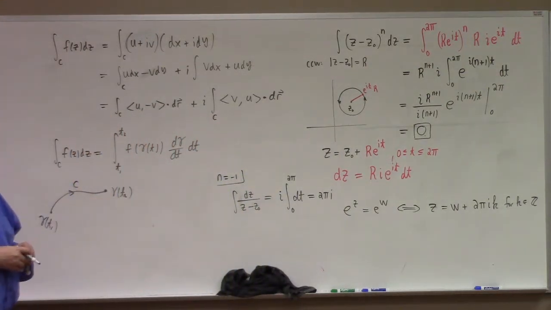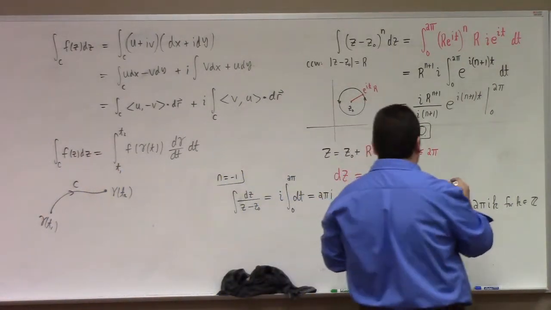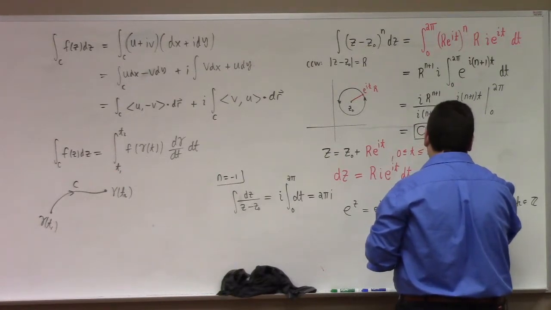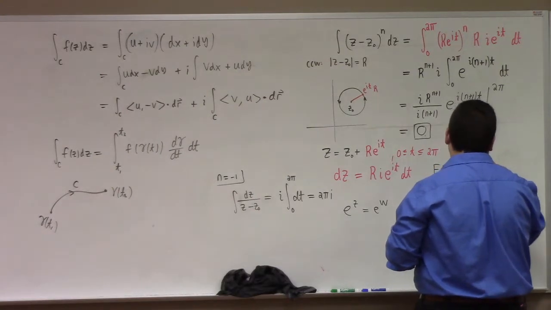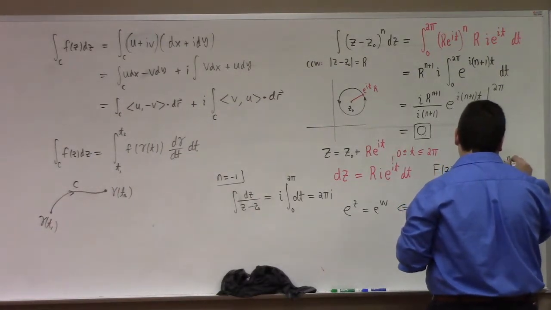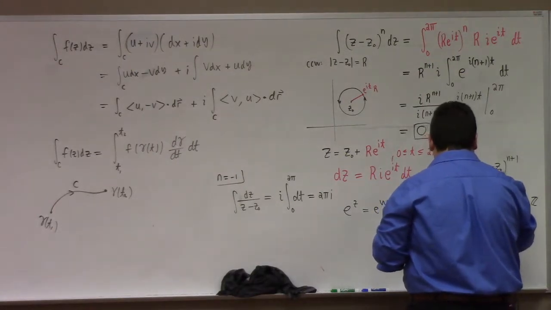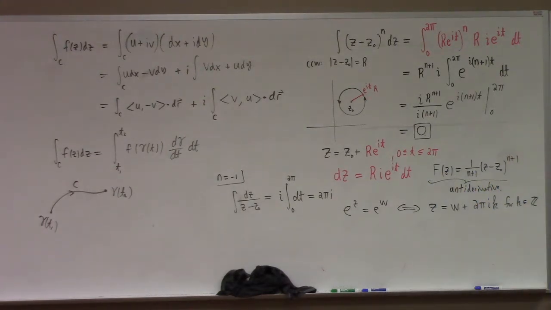Now, the reason that this function works out to 0 is very simple. If you look at f of z equal to 1 over n plus 1 times z minus z naught to the n plus 1, this is an antiderivative for z minus z naught to the n, unless n equals minus 1.